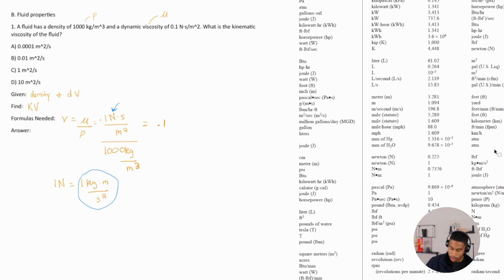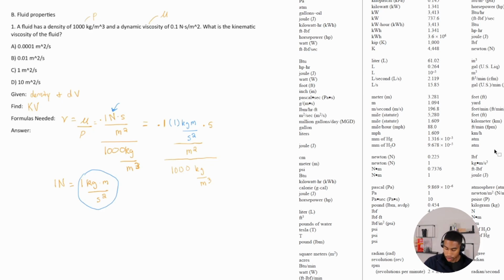So 0.1 times 1 kg m over s squared. Now, going back to my other unit, times s over meters squared, and then that's all over 1000 kg over m cubed.